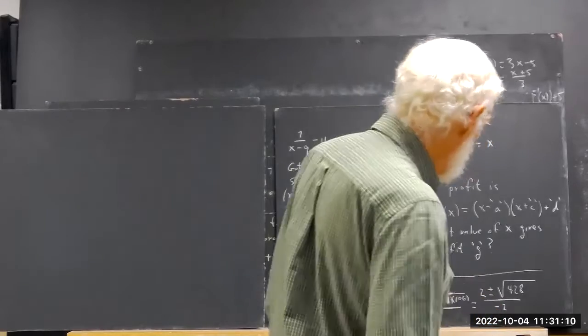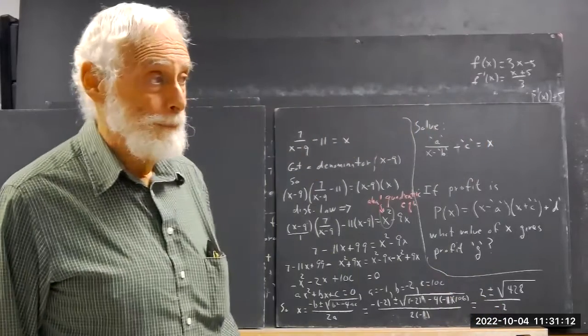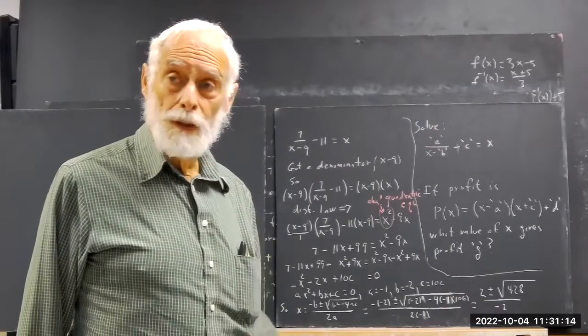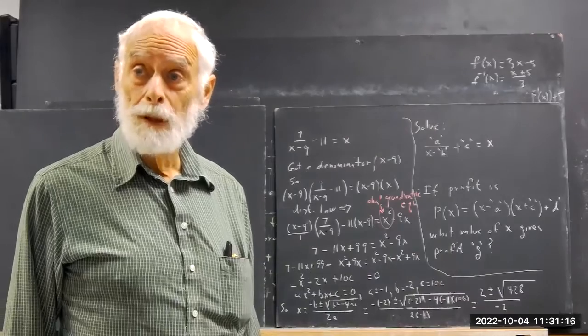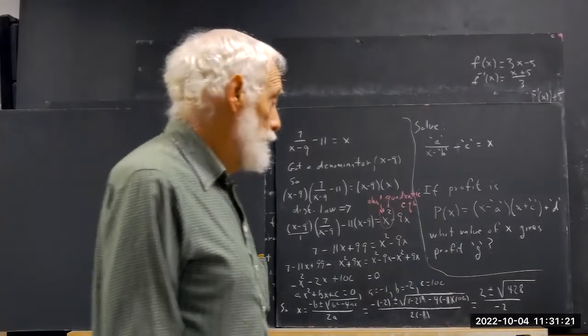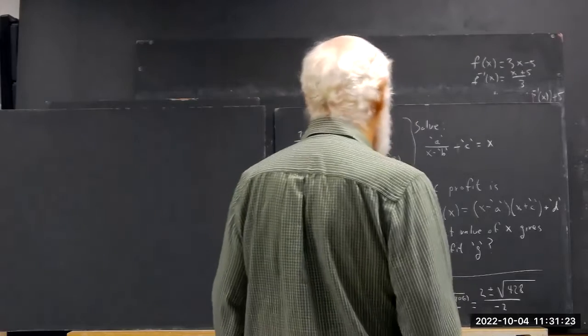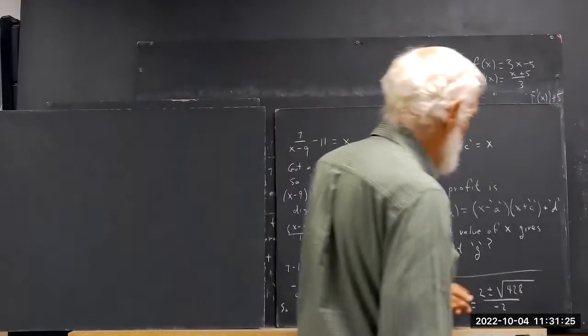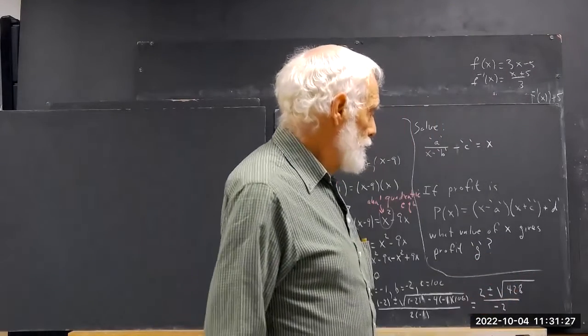At this point, you can put this into your calculator, and you can get the decimal approximation to many significant figures. So your solutions are -2 plus this, -2 minus this, both over.